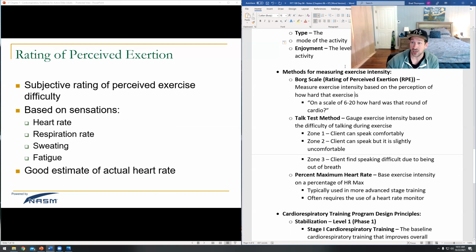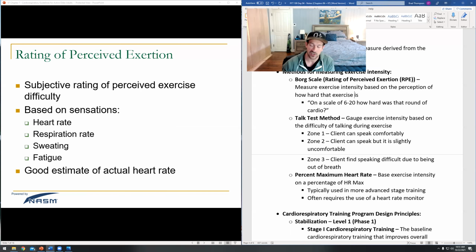And it's actually pretty good. In fact, the Borg scale has been used for cardio for years now, but lately, powerlifters and weightlifters have started to incorporate it into their lifting sessions. They'll say, hey, this set should feel like an RPE of 7. Or sometimes the new thing is they'll call it reps in reserve, the RIR scale.